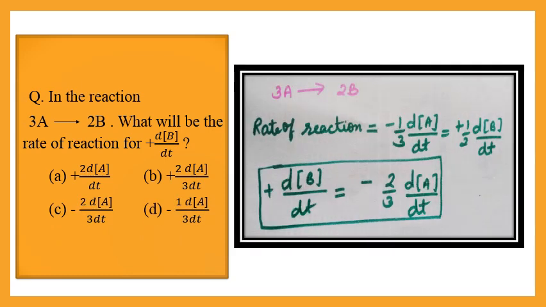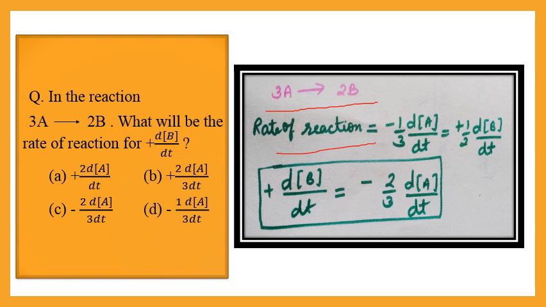To write down the rate of reaction for this given reaction, it will be the rate of change of the concentration of reactant equal to the rate of change of the concentration of product. But on the reactant side there will be a negative sign due to the disappearance of reactant, and on the product side there will be a positive sign due to the appearance of product.